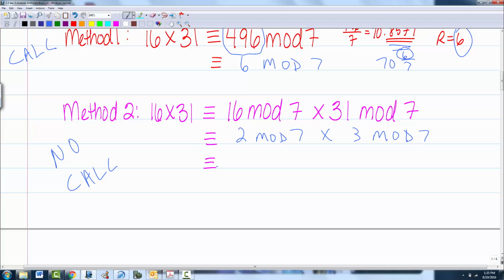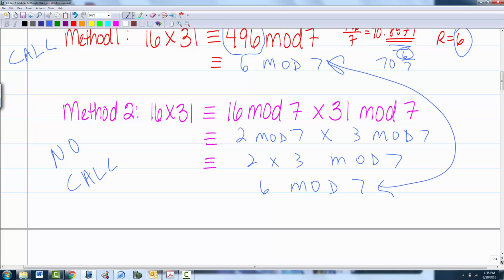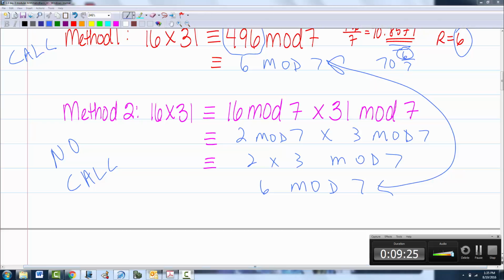Congruent usually has a squiggly on the top. Then what you can do is 2 times 3 mod 7. That's the liberal use of the product rule. And then, lo and behold, these numbers are the same because it's 2 different ways of doing the same thing. One is a little bit easier if you know the rule. Easier mathematically, I would say.